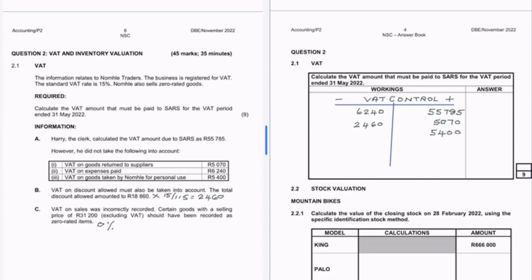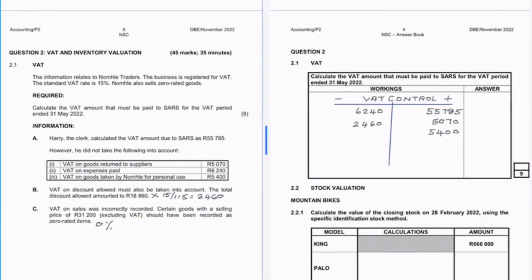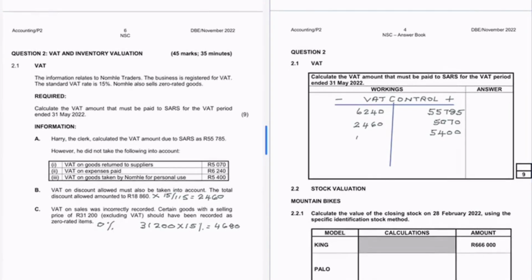This is excluding VAT, so we need to just work out what the VAT would be on the 31,200. 31,200 multiplied by 15%. And your answer there, 4,680 Rand. And we're going to put that on the debit side, 4,680 Rand.